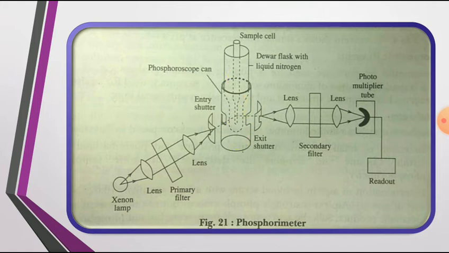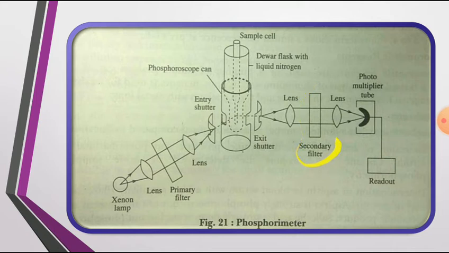So when UV light reaches the sample cell, the sample molecules absorb that UV light. After absorption, the entry shutter will be closed and the exit shutter will be open. Through this exit shutter, the emitted phosphorescent beam will be collimated by this collimating lens and reach the secondary filter.